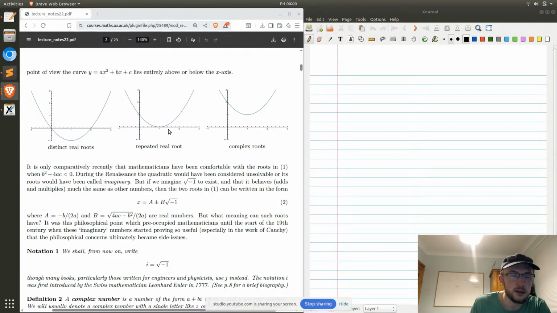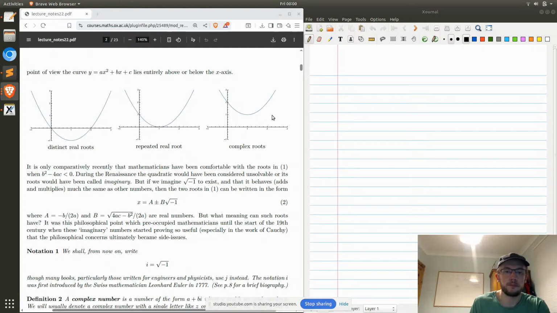This one here could be a graph of y equals (x minus 1) all squared, which would turn out to be y equals x squared minus 2x plus 1. And this could be all of that plus 1, as in it's been translated 1 unit to the right and 1 unit up.